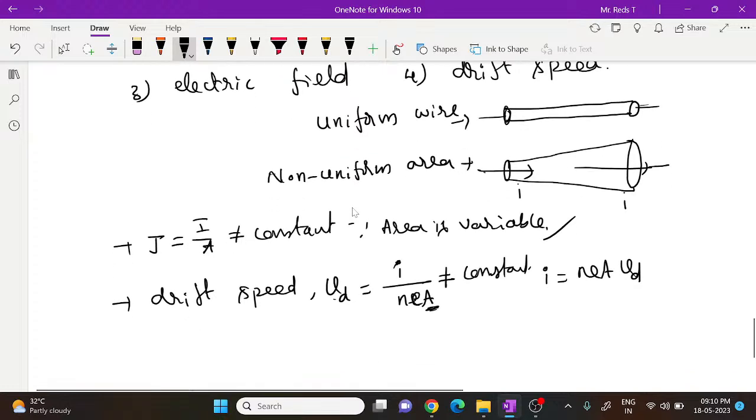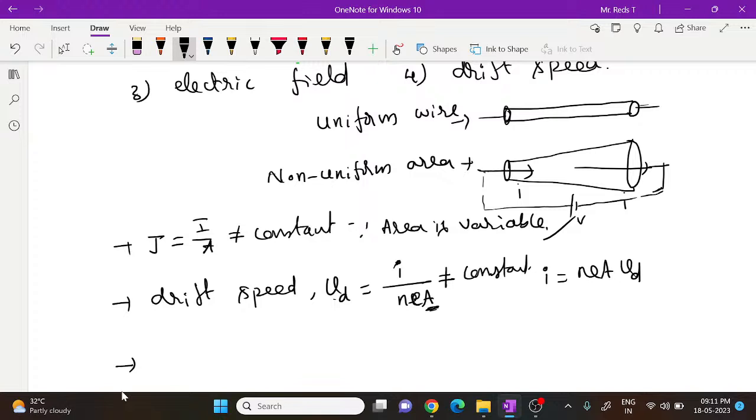Then how can you say the electric field is varying in such a case? Current is flowing means you have to imagine that it is connected to some battery, an external source, only then will current flow. If it has potential difference V and some length L, the battery will establish some electric field. The electric field depends not only on E equal to dV by dr, but on other parameters also.